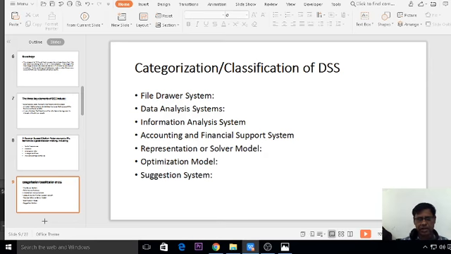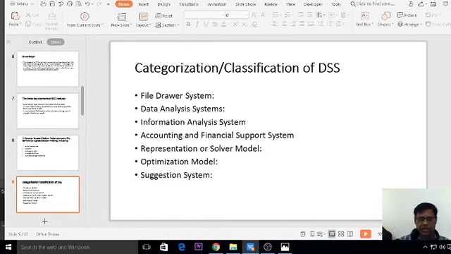That is information analysis. Accounting and financial system, how so far it is reflecting in accounting and financial. It is related to the budget, and it is also related to the inventory. It is subject for the account, and it is subject for the inventory.